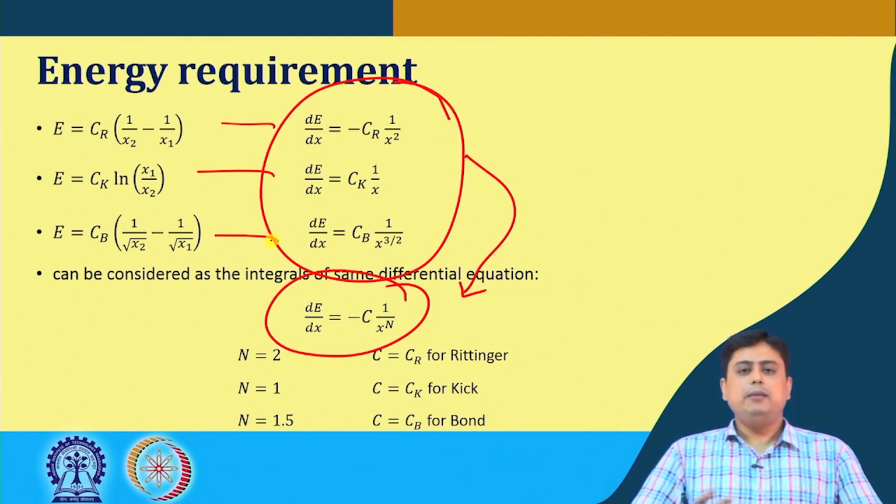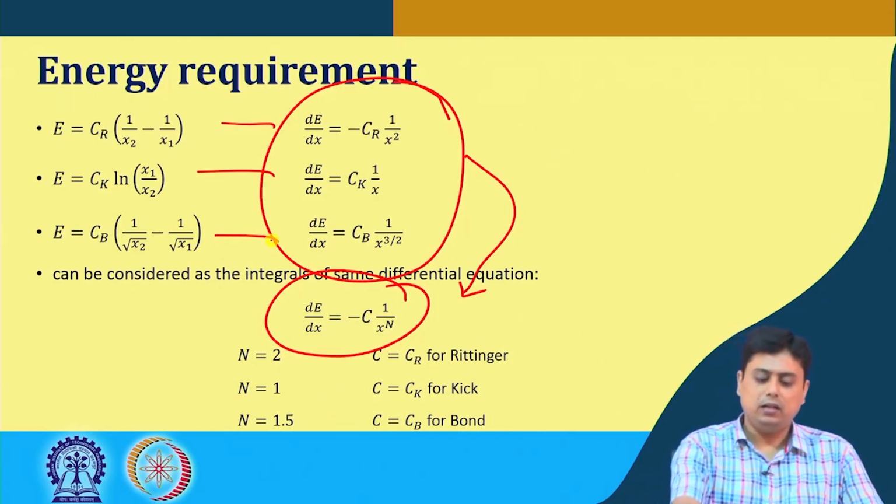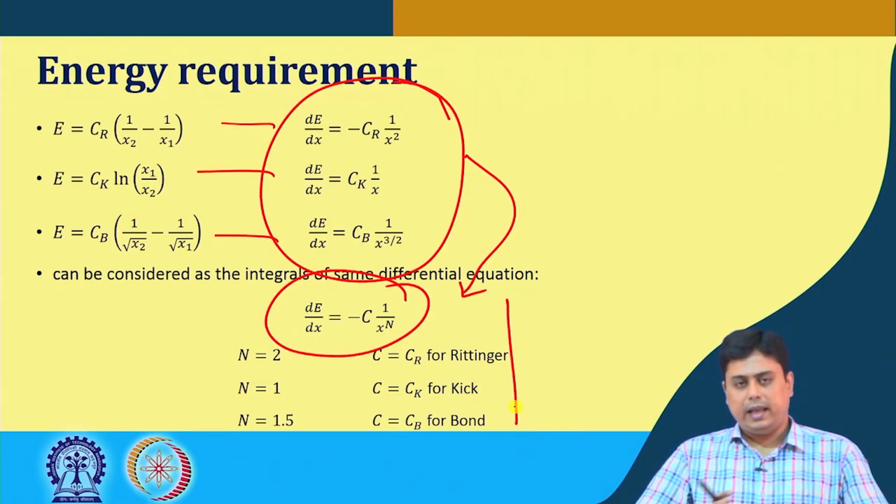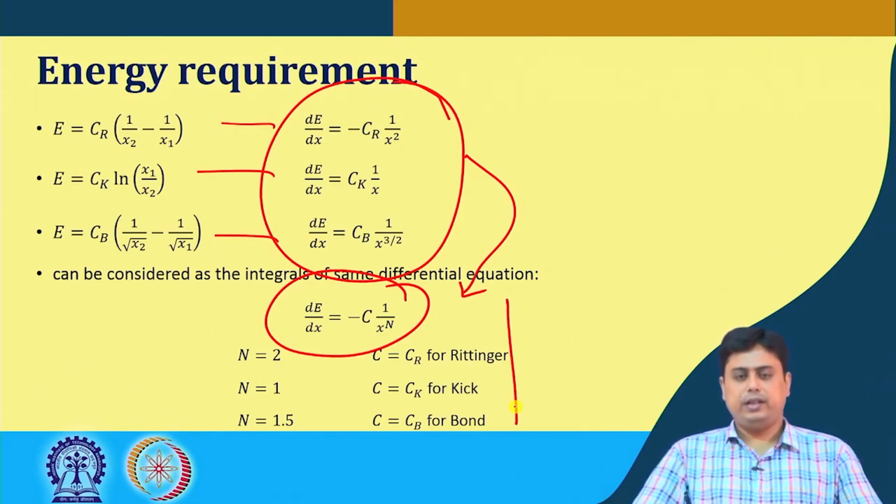So, it was the improvement of certain hypotheses, and with that we can say that the prediction of energy requirement for a certain design improves with these relations or expressions.